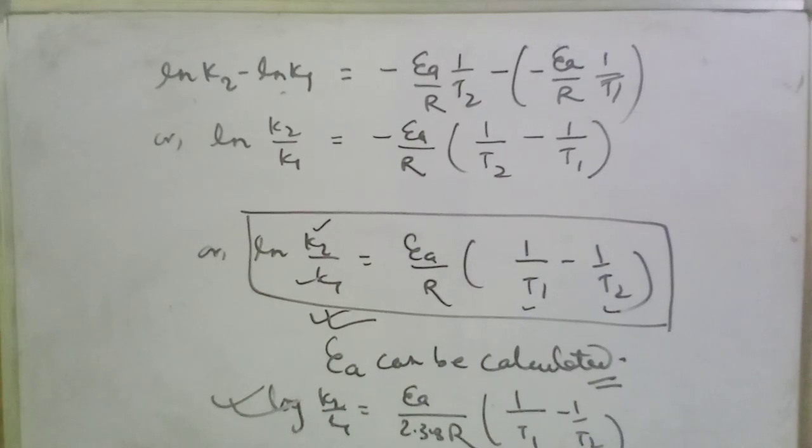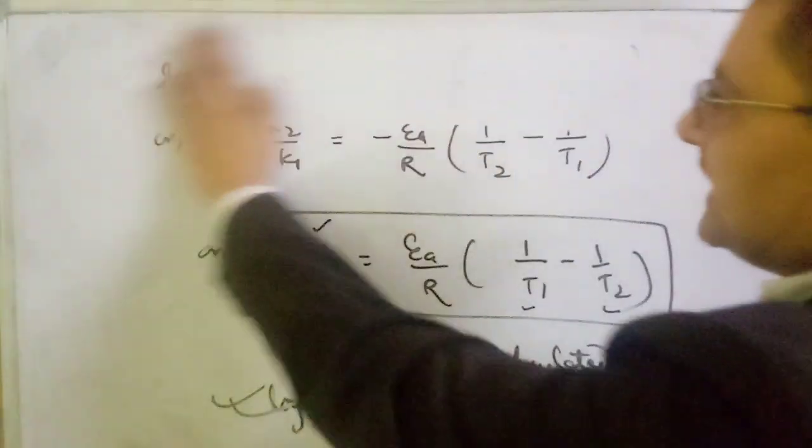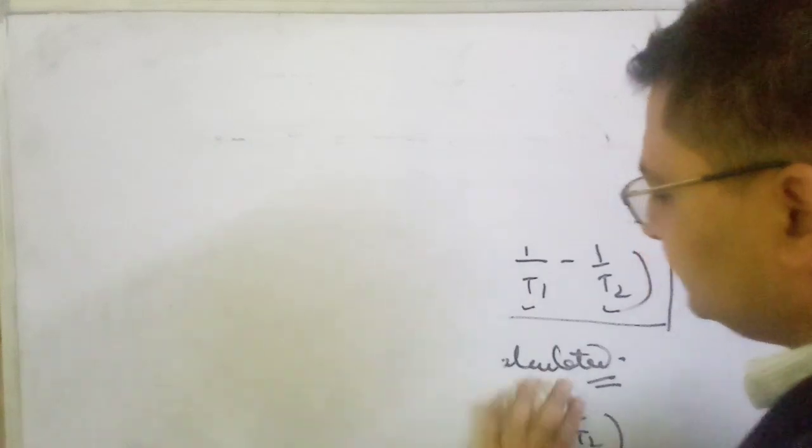So in today's video, I'm going to solve some numerical problems related to this calculation of energy of activation. So let us see how we calculate energy of activation here.